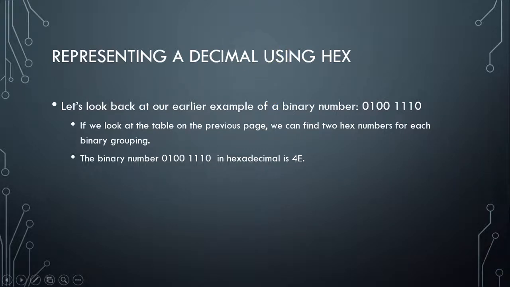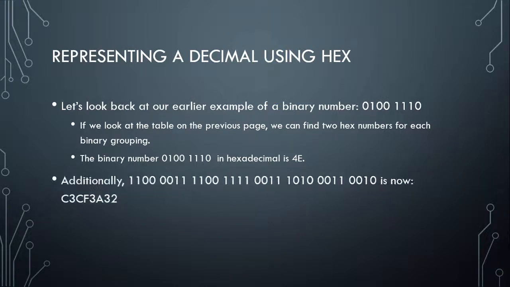I should have said representing a number using hex. Additionally, this long string that we saw earlier is now represented with C3, CF, 3A, 32. So that is so much nicer. Look at how much screen space is used with this hex number compared to this long binary number. Hex is a lot cleaner to use.